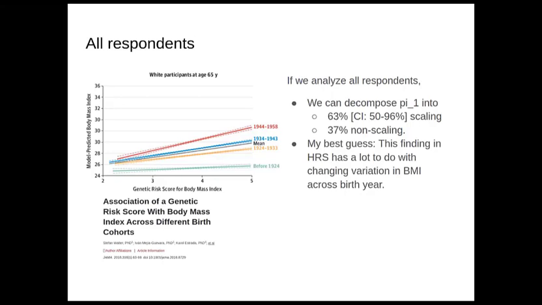Have you done the exercise of eliminating the part that is due to the scaling and seeing whether the coefficients are still significant? Namely, it would not prevent a person from insisting that there is a gene environment interaction.